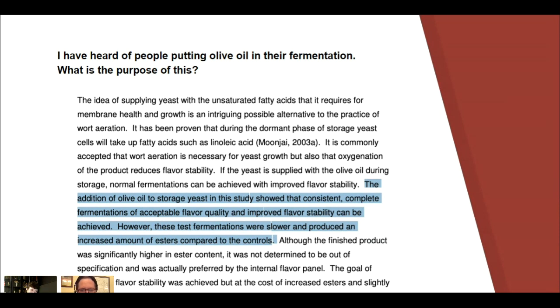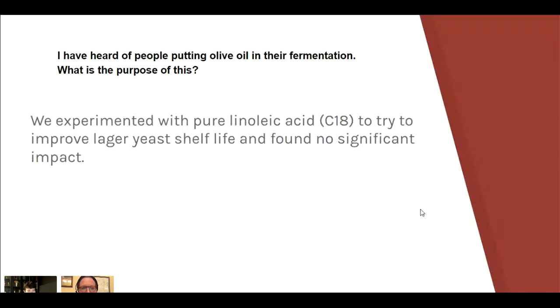Yeah. I saw this question, and I was glad I wasn't the one answering it. One thing I wanted to add is that we've done some testing internally. We did a project last year focused on improving shelf life in lager yeasts, and one of the things we experimented with was dosing pure linoleic acid into the lager yeast, either in propagation or fermentation, to improve the shelf life or the fermentation quality, and we never found any significant impact.